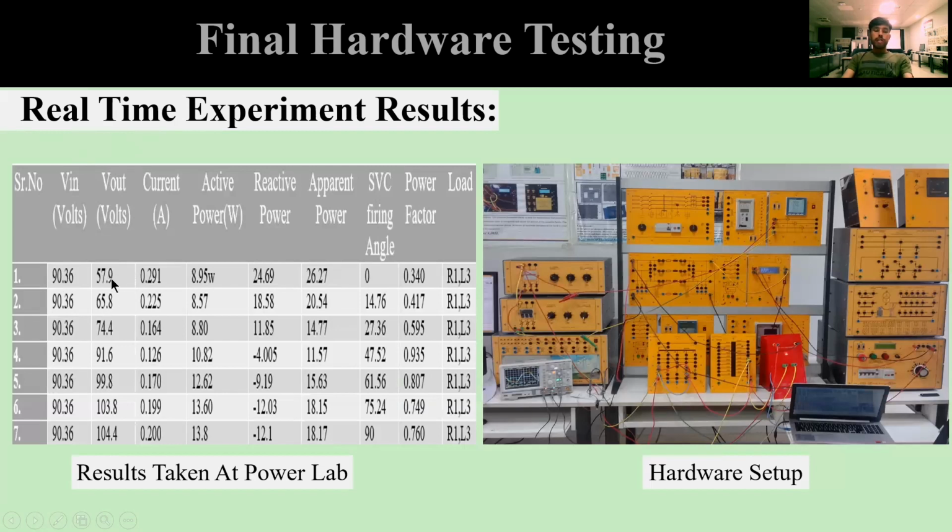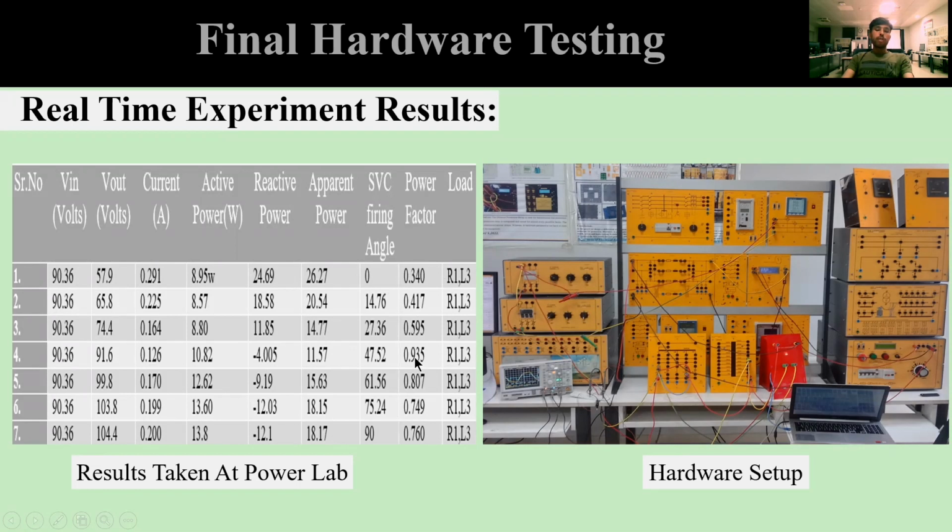As we switch off more and more inductor, we can see that our power factor starts to improve, as shown in this column. At the start it is 0.34, then it boosts up, and finally it reaches 0.935.